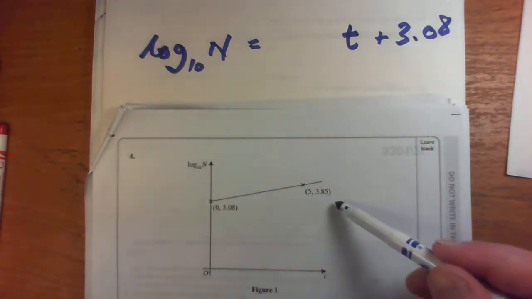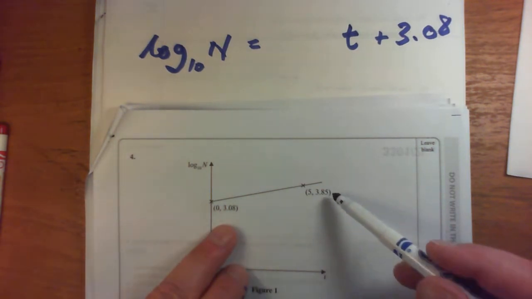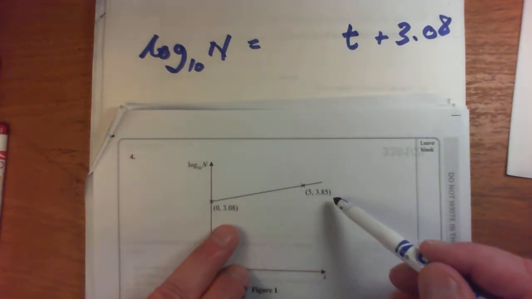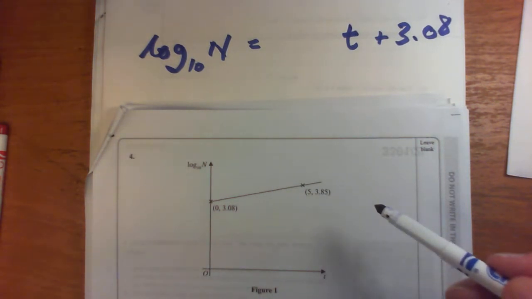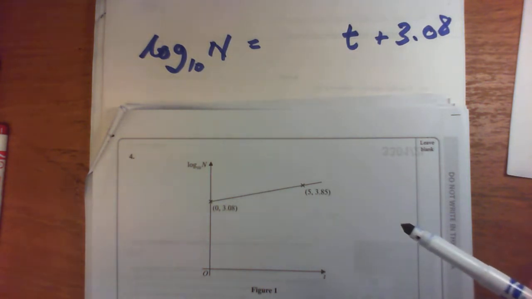So you need to work that out from just these two values here. It's 3.85 minus 3.08 all over 5, which I don't think I've got handy. Have you got the figure handy? Yeah, I haven't got the actual figure handy, but that's the basic idea anyway.